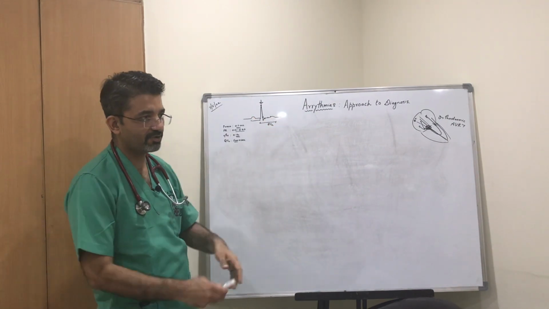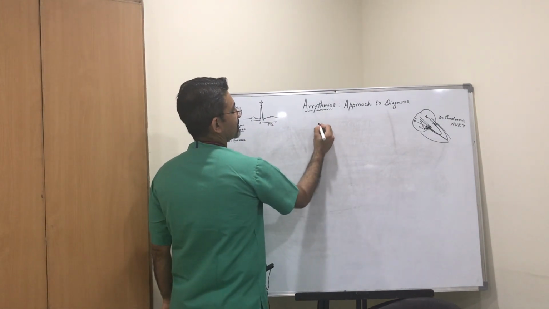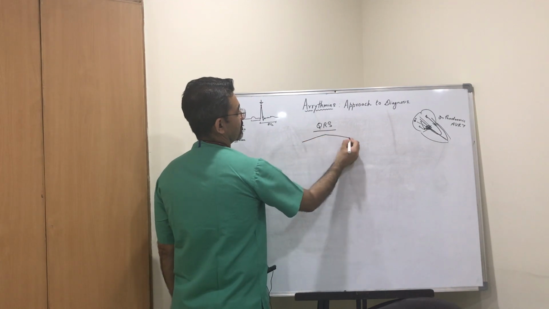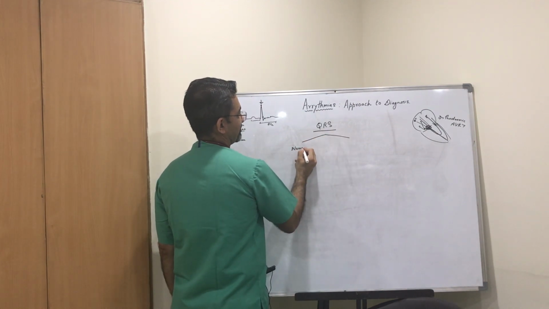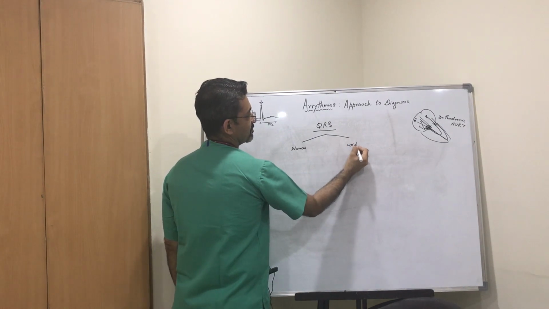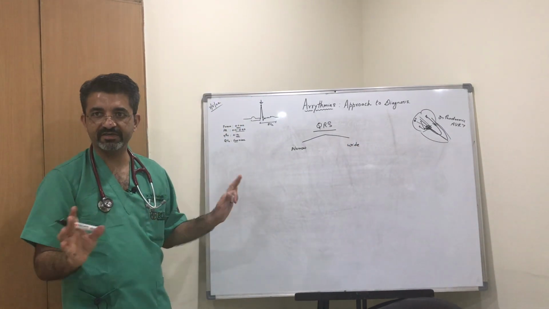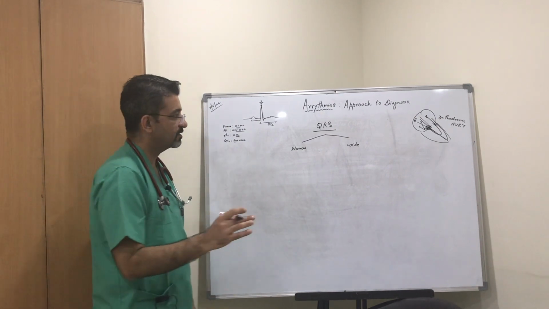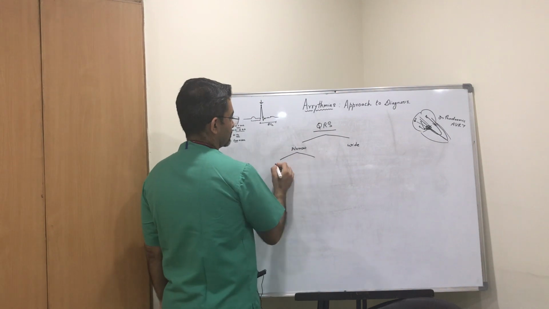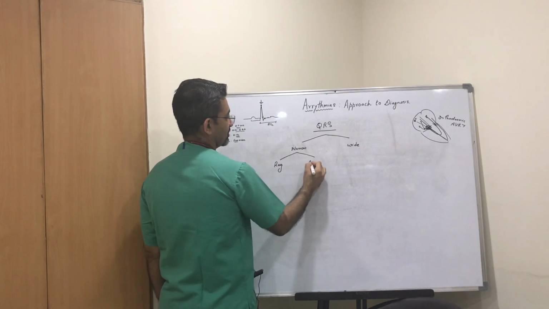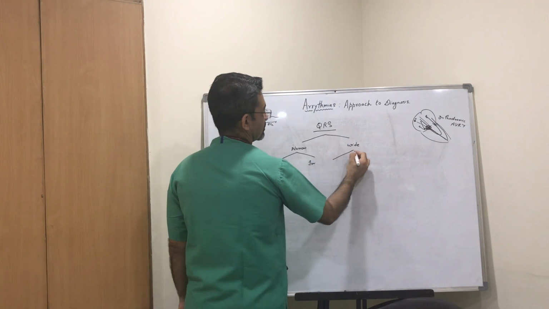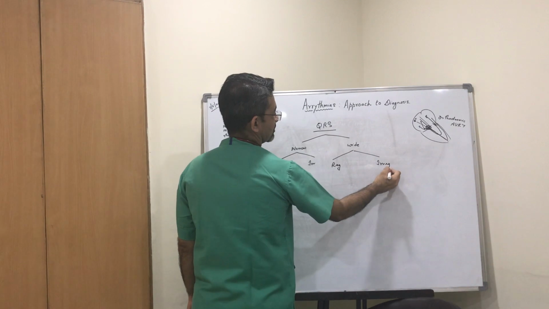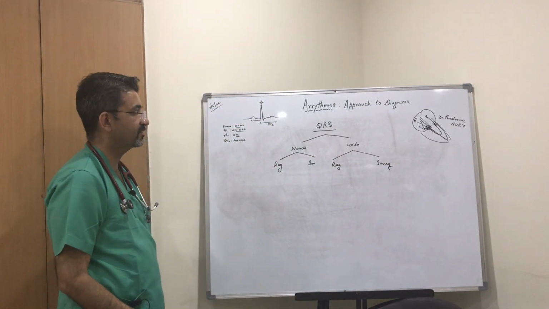So always follow the algorithm that whether your QRS complex is narrow or wide. This is the best way to learn it. Otherwise it becomes very difficult and very confusing. And whether the rhythm is regular or irregular. Right?